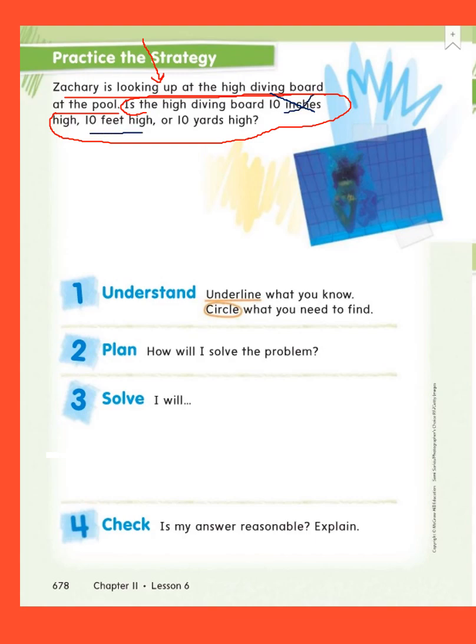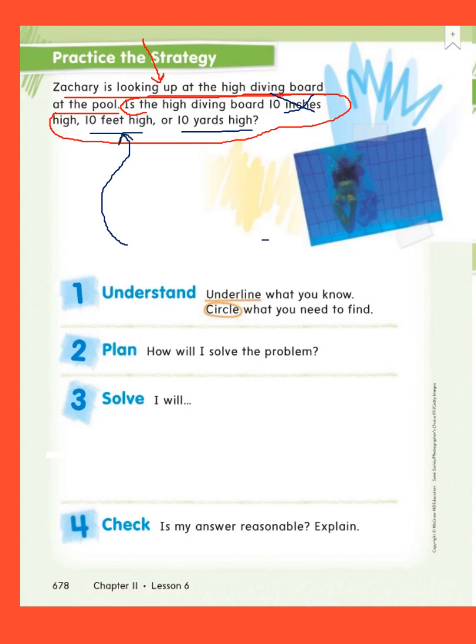Now, is it 10 feet high or 10 yards high? Well, this is not a very good question because both exist. Now, 10 yards would be about as tall as some people's houses, maybe taller. So 10 yards is 30 feet. Well, if Zachary is diving in the Olympics, I suppose it's possible. But probably it's going to be this one.